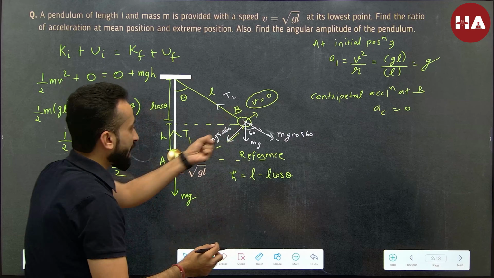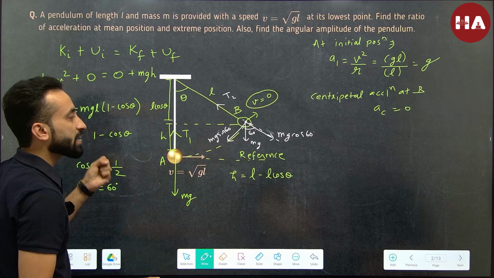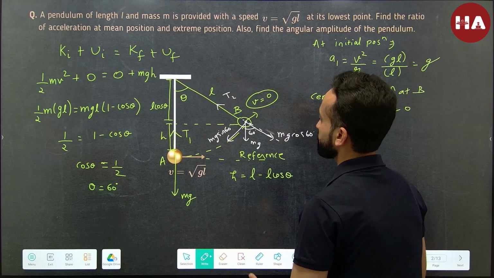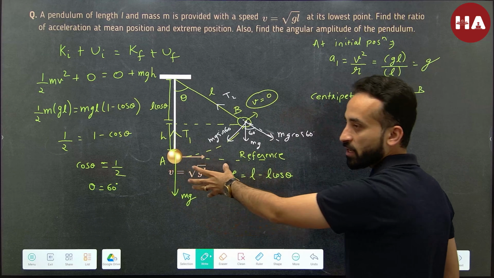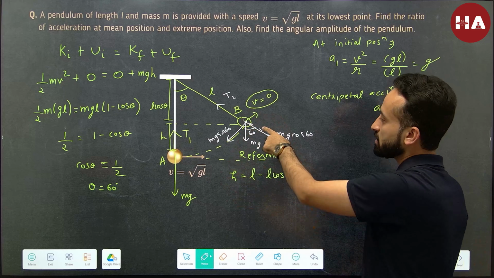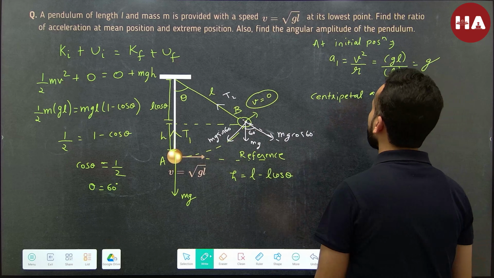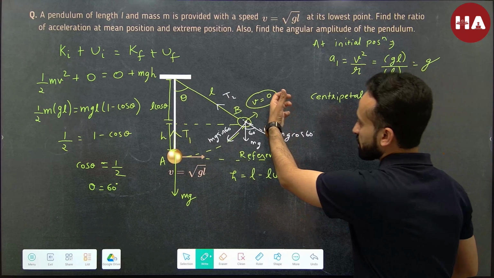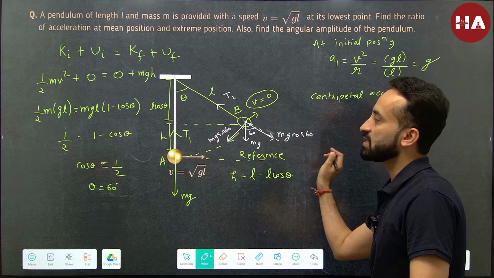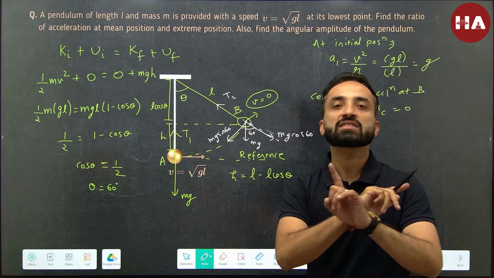So this is the acceleration which is bringing it back towards the mean position, isn't it? So I hope you understand, when I say mean position, this position. When I say this position, that is the extreme position. Alright, so this force is unbalanced. So we can say that these two forces are balancing each other, but this force is unbalanced.